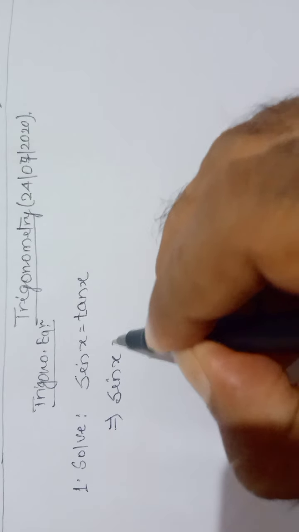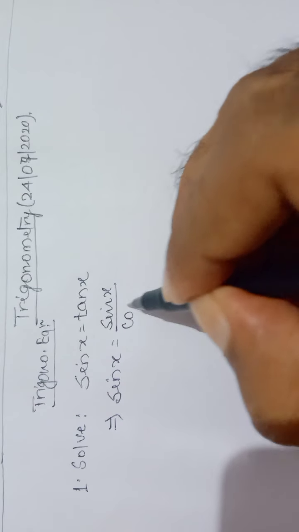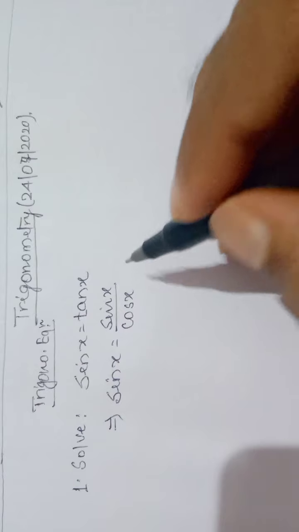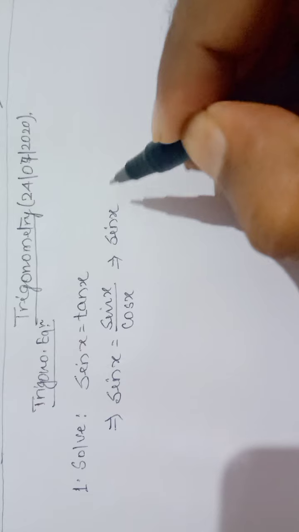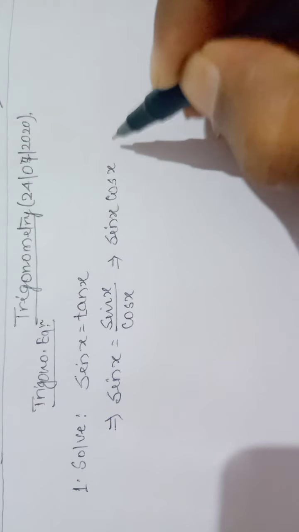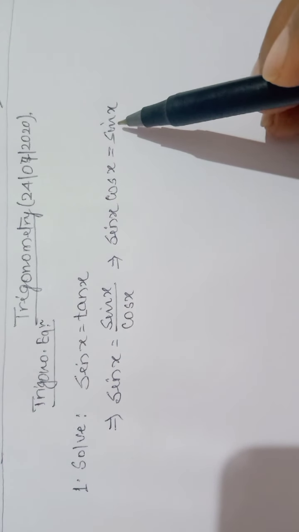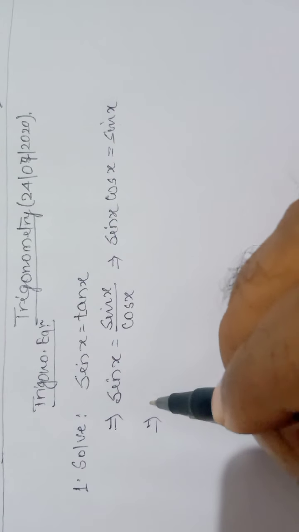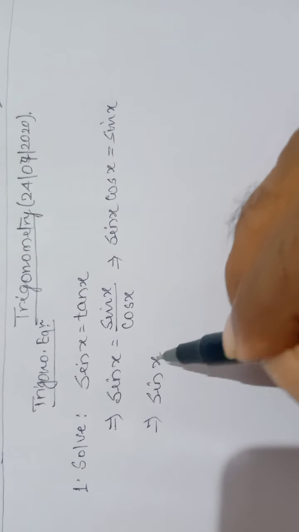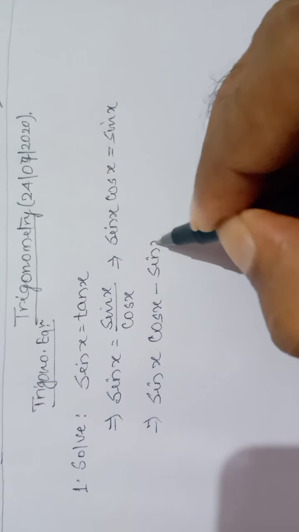We write tan x as sin x divided by cos x, and after cross multiplication it becomes sin x into cos x is equal to sin x. Now shift this sin x to the left side. Then we have sin x into cos x minus sin x is equal to 0.